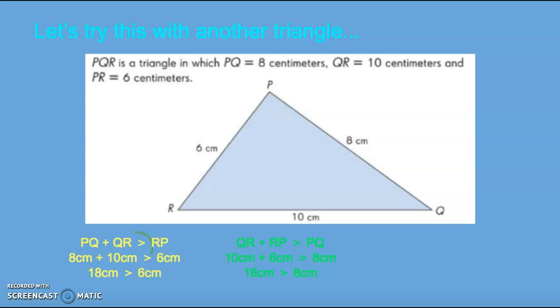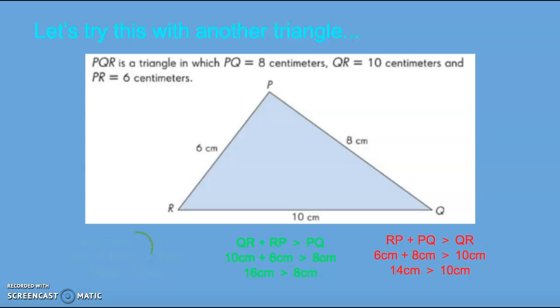And then we try the remaining two sides to check to see if they're greater than the third side. Side RP plus side PQ should be greater than side QR. 6 plus 8 should be greater than 10. When we add together 6 plus 8, we get 14, and that is greater than 10. Therefore, this triangle is possible. These sides will create a triangle.